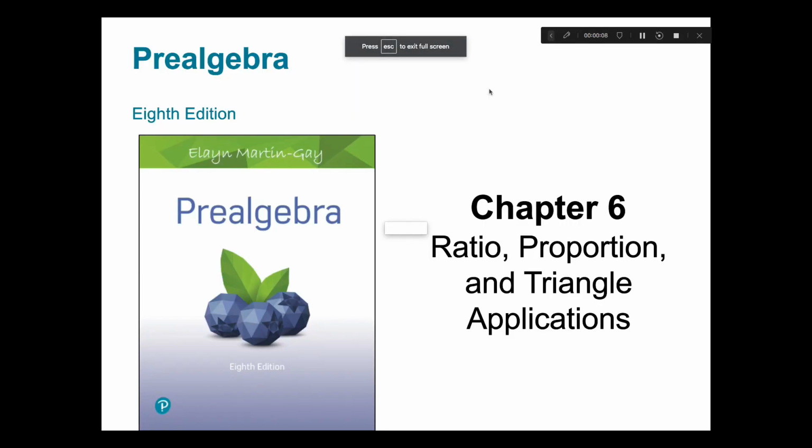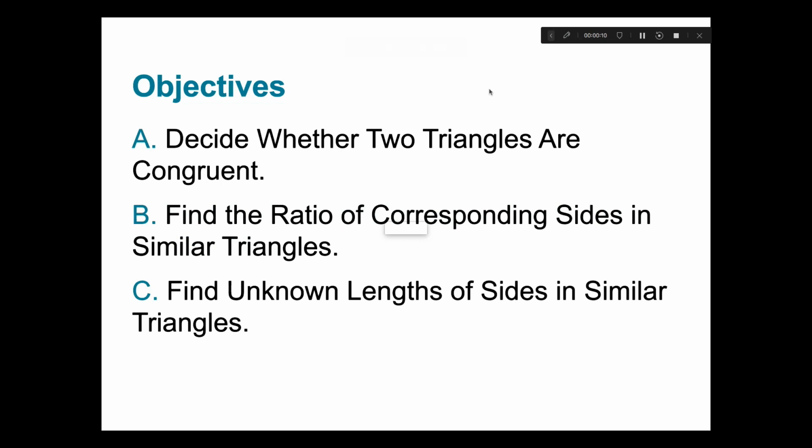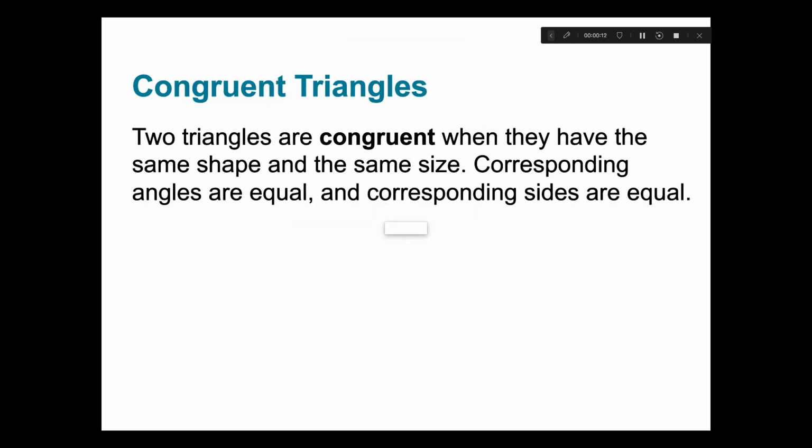So today we are talking about congruent and similar triangles. Congruent. What does congruent mean? Exactly the same size, the same shape, the same angles.